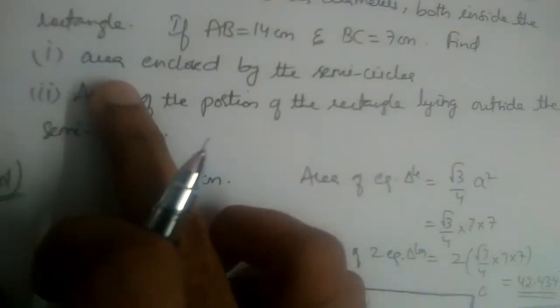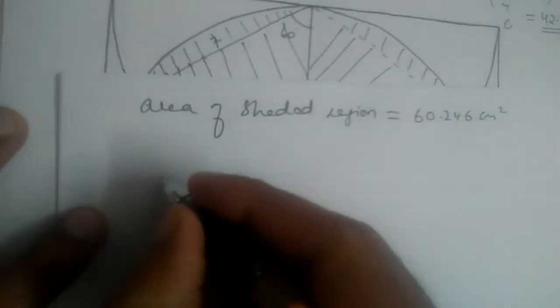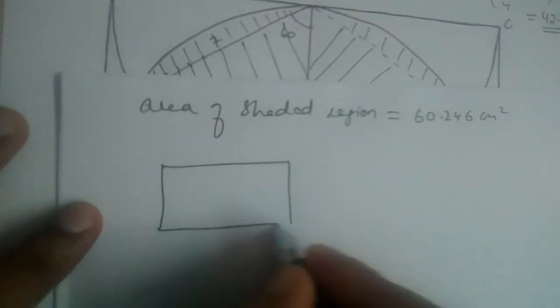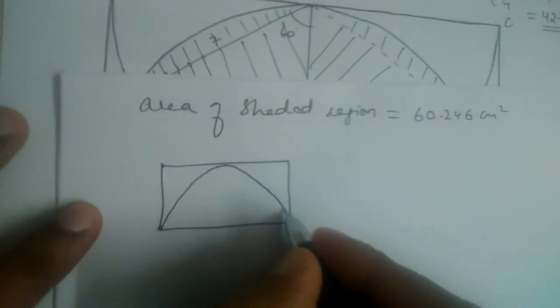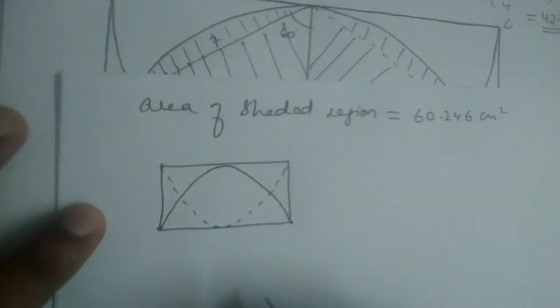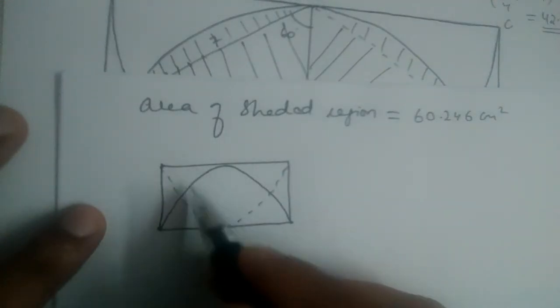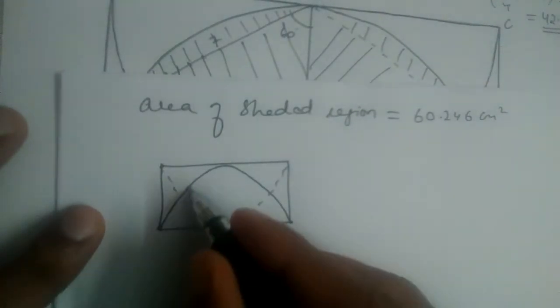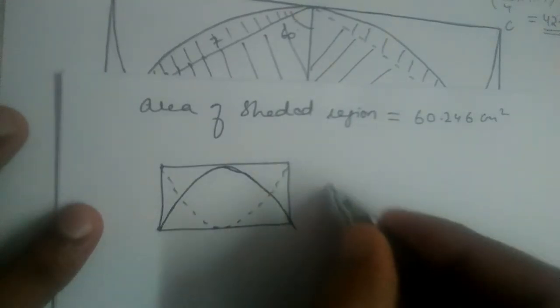We need to find the area enclosed by the semicircles. Let me draw a rough diagram again here. We have one semicircle like this and another semicircle like this. Let us first find the area of one semicircle.